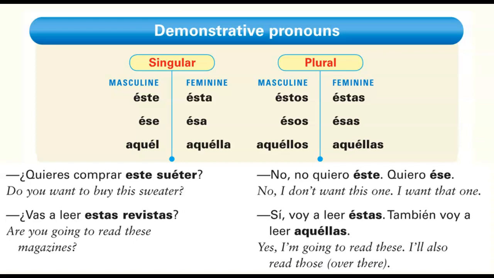Okay, so we can substitute estas revistas by just saying estas. So in our response, sí, voy a leer estas. And we're also adding on, también voy a leer aquellas, which is referring to aquellas revistas. Okay, so they're pronouns. Pronouns take the place of the noun, and in this case, it's the noun and adjective together. Okay, so I hope that makes sense.